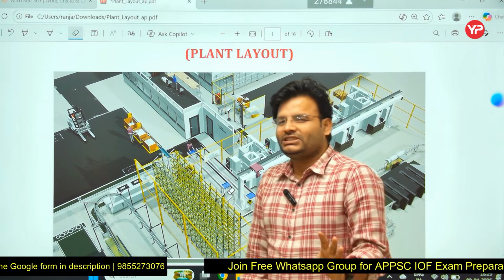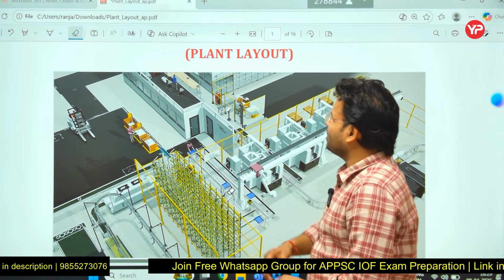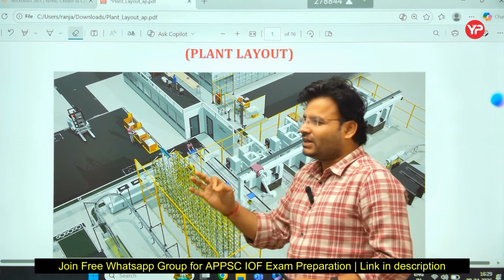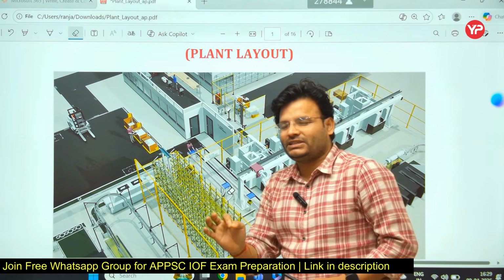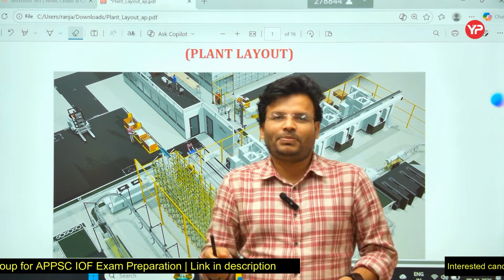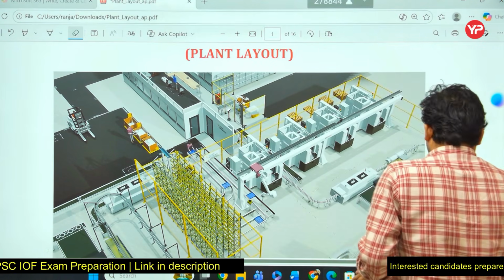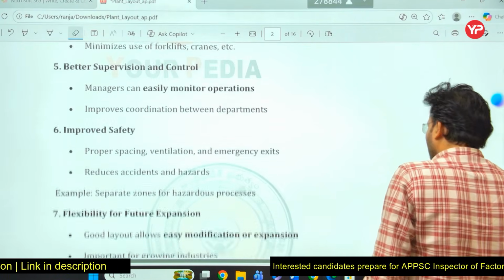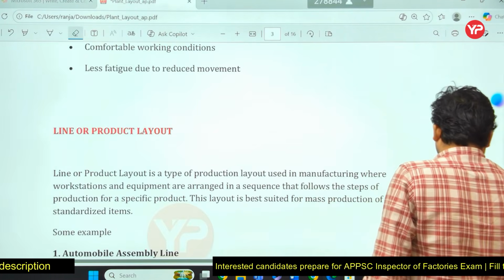In this session, one topic I am going to discuss is plant layout, which is most important, and in all the exams related to factory inspector, questions are asked from that segment. I will cover plant layout, and at the end of the session I will solve questions also, so that you can check how many things you have learned.